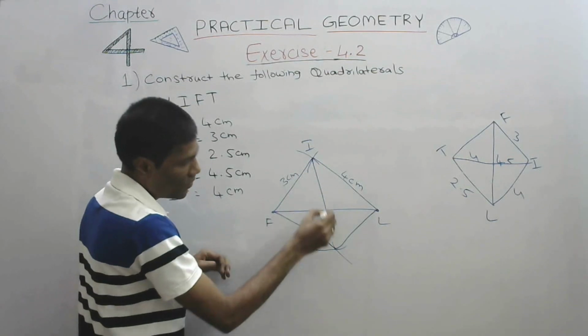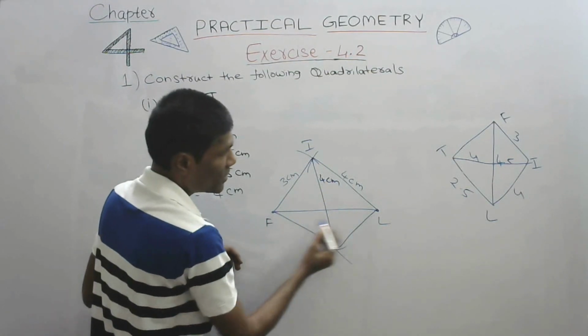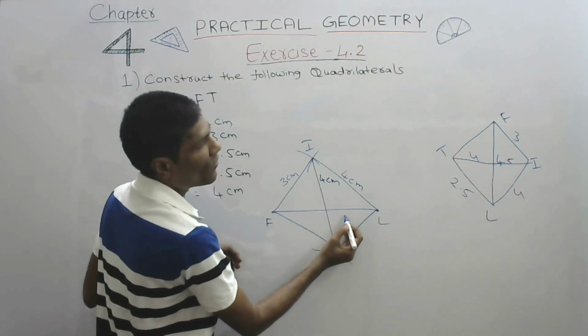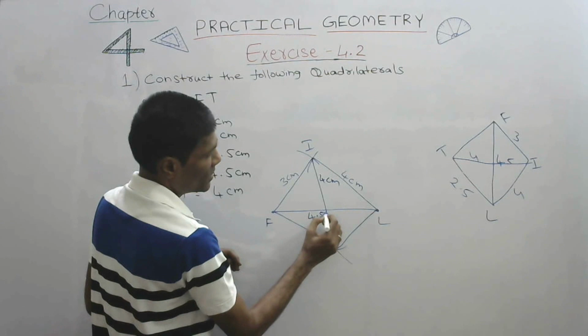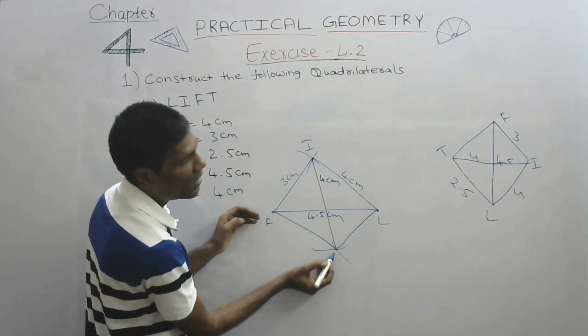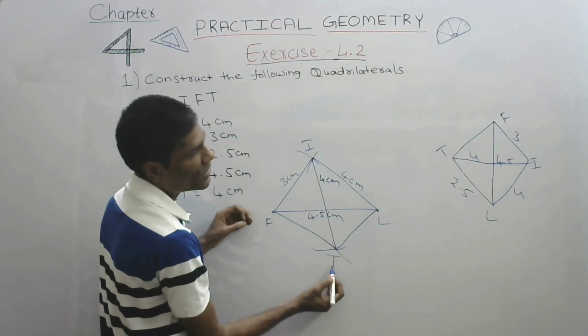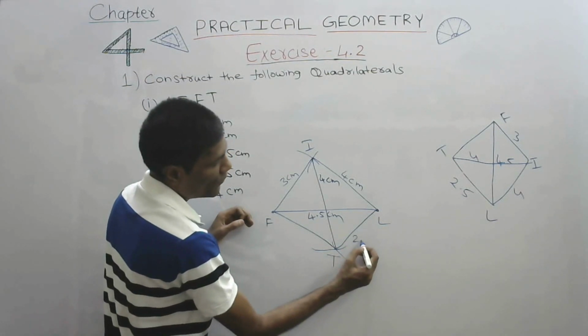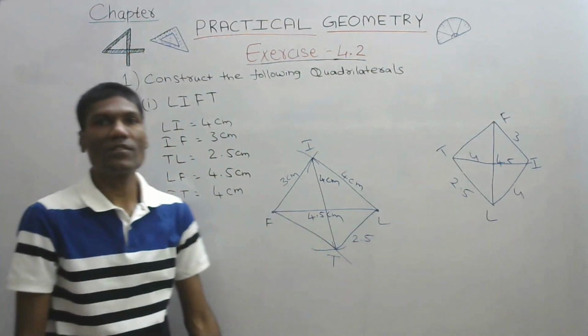So this will be 4 centimeters. What is this length? FL. We have taken FL as 4.5 centimeters. This is T, and from L to T, this is 2.5 centimeters. This one. So this is the required diagram.